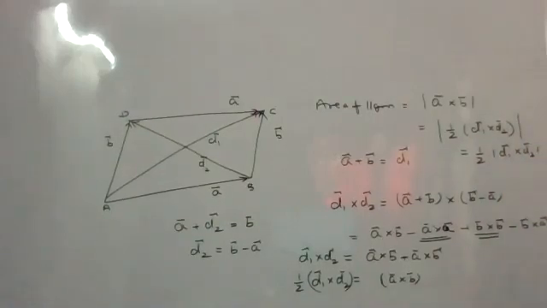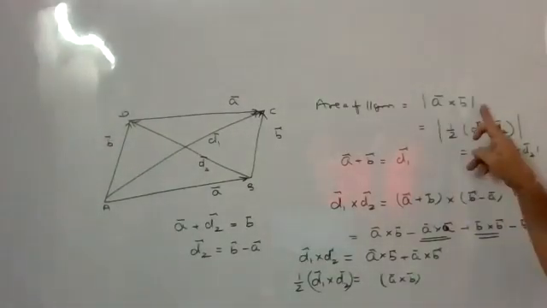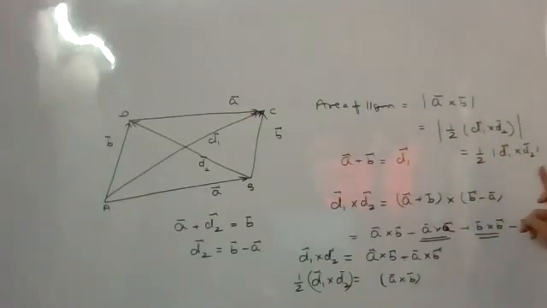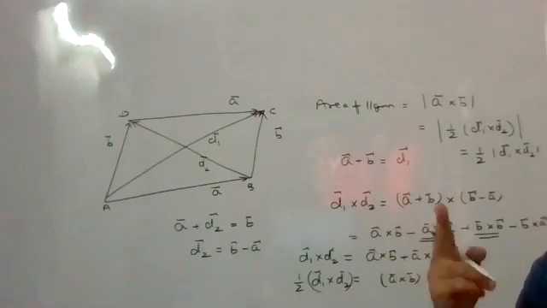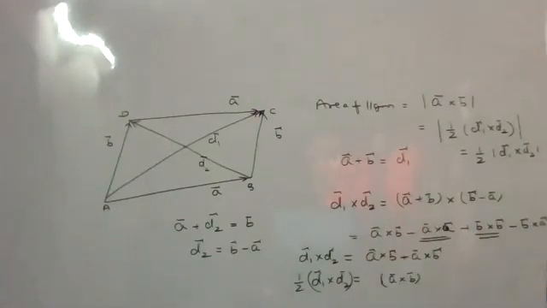So if the diagonals are given in the parallelogram, you will use the formula half D1 cross D2 instead of A cross B. If the sides are known, then it is simply magnitude of A cross B. But when diagonals are given, it will be half of D1 cross D2.